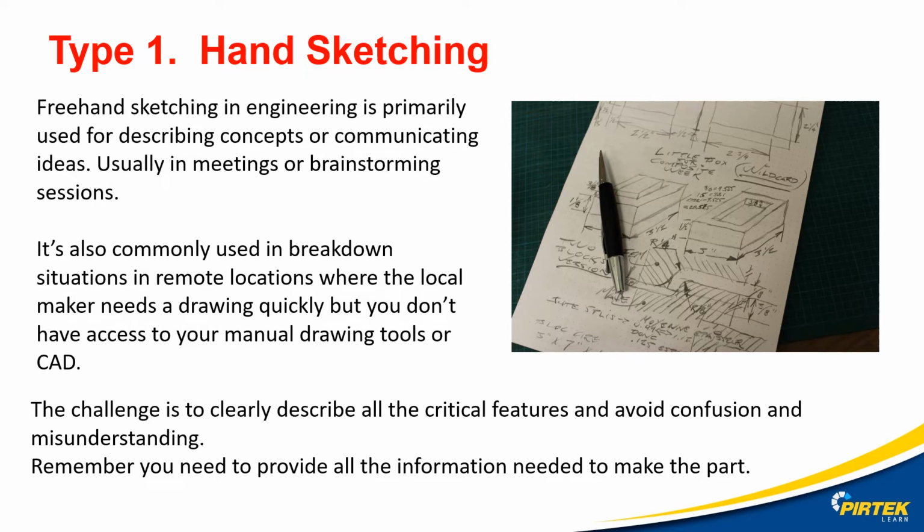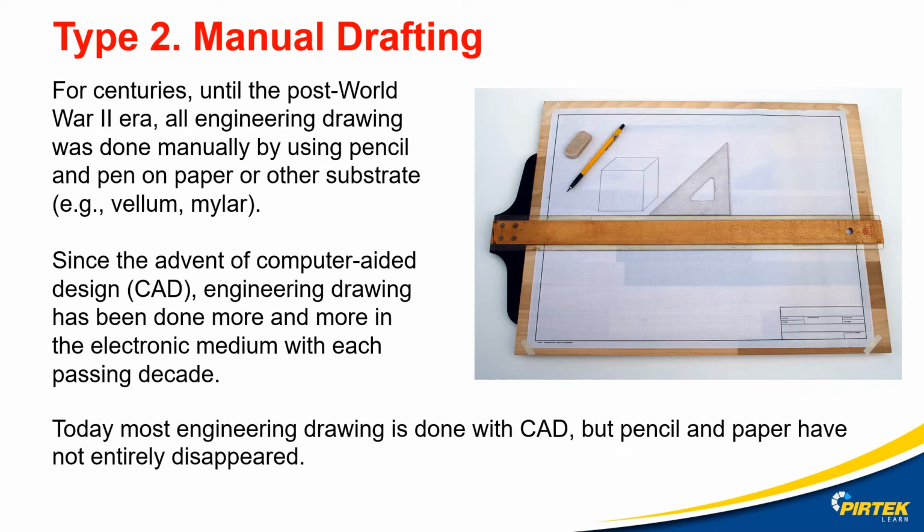It's also commonly used in breakdown situations in remote locations where you have to quickly create a drawing and give it to the local machine shop, so you can get things made quickly, especially if you don't have access to the internet or your CAD or to your drawing equipment. The challenge of a hand sketch is to clearly describe the critical features and avoid communication problems and misunderstanding. You need to provide all the information needed to make the part in the case of an emergency breakdown.